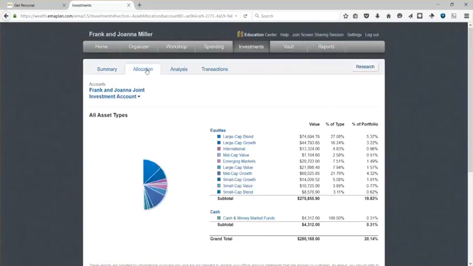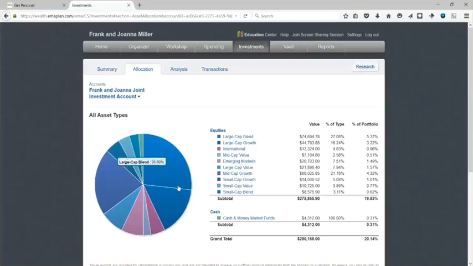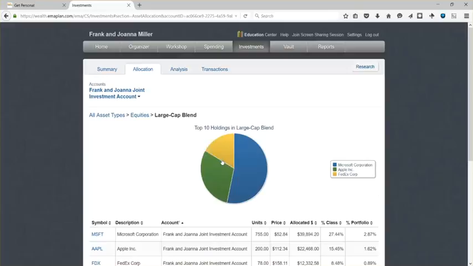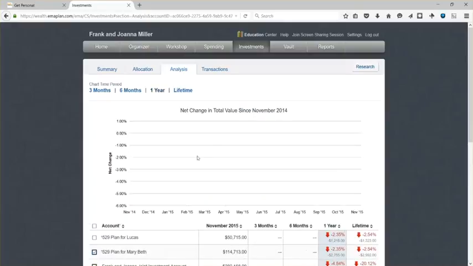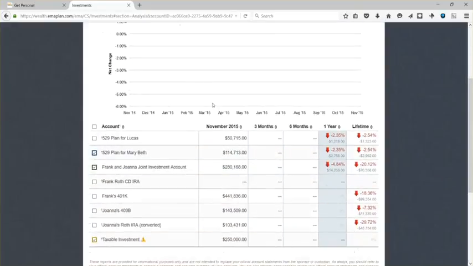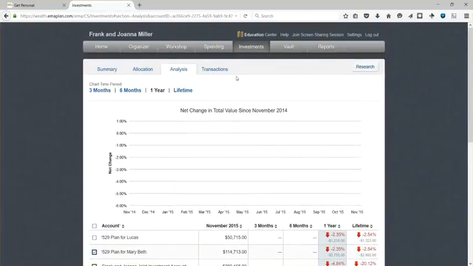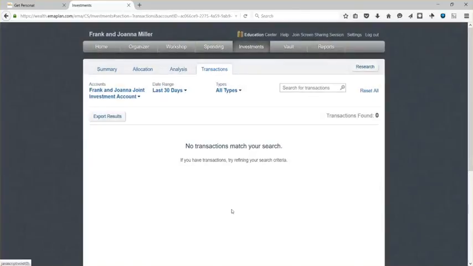We can take a look at the accounts asset allocation and drill down into these and take a look at the holdings, and then do some analysis where we look at the value change over time. And then normally we would have transactional data, but in this case, because again, it's a sample client, we don't.